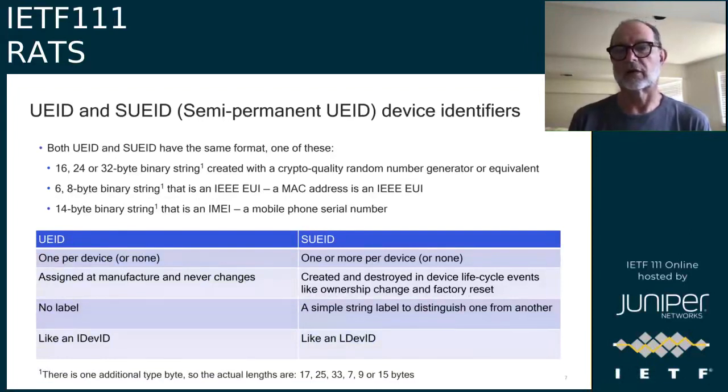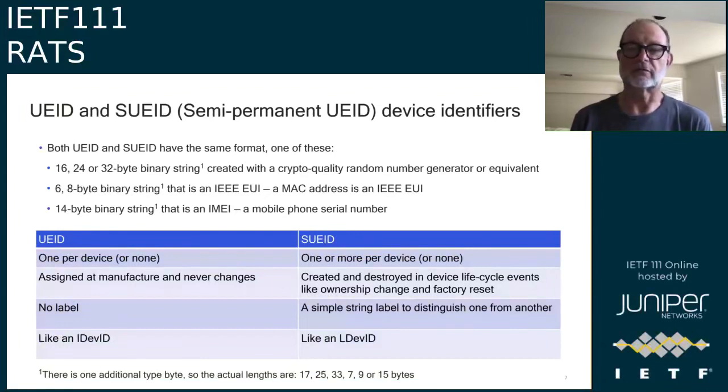So I've added to the EAT spec an SUEID, or a set of SUEIDs. So a device can have multiple SUEIDs, and they're basically exactly the same format as a UEID, and you have a list of them. There is a simple string label to distinguish one from another.